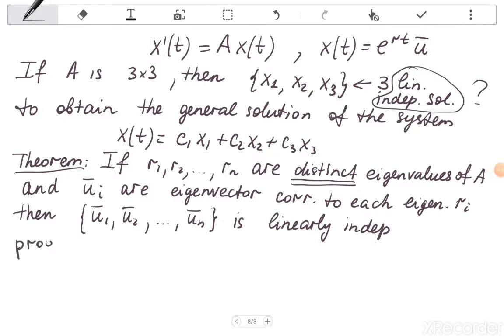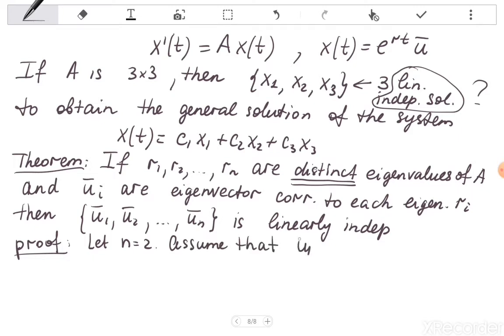So to prove it, we first assume that n equals 2, so we have just 2 vectors here. We need to prove that these 2 vectors are linearly independent. So we assume the contrary, that these 2 vectors are linearly dependent.